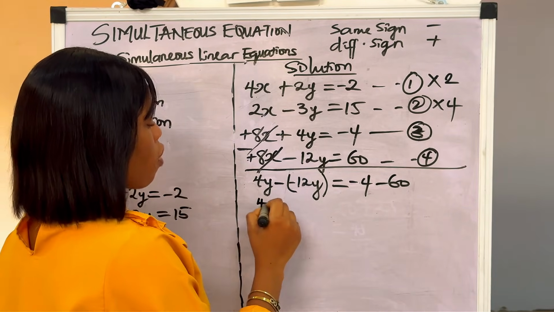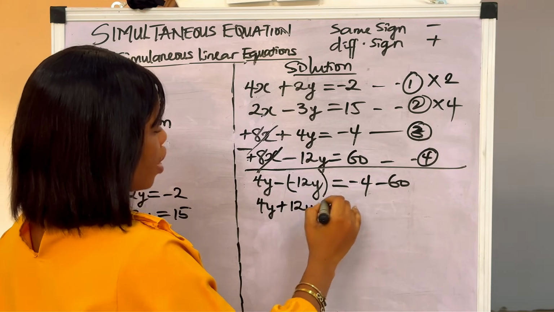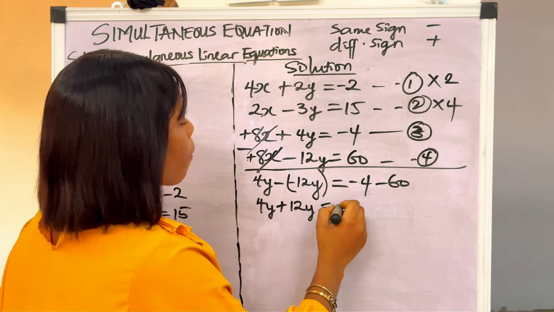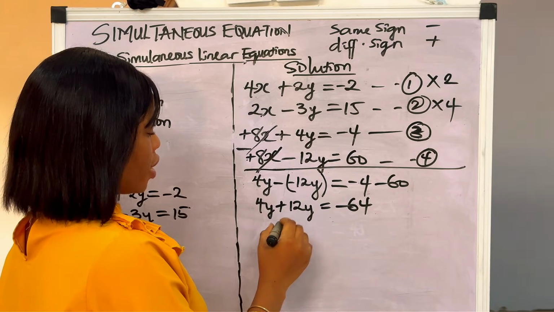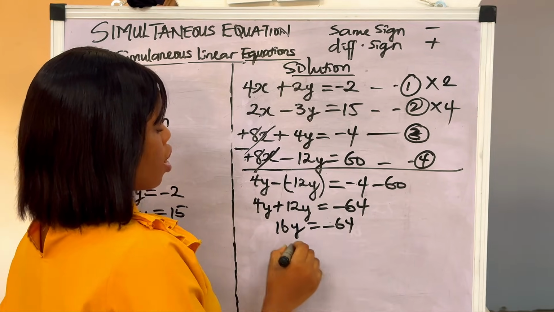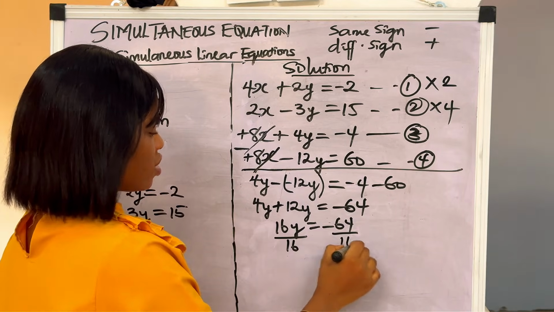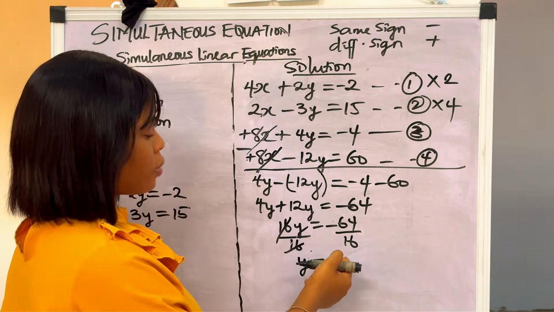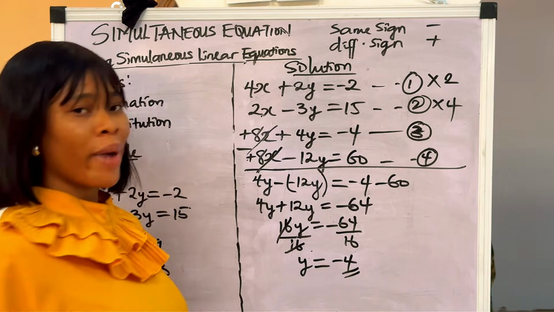And this will give us 4y, minus minus becomes plus 12y equals minus 4 minus 60 gives us minus 64. And then 4y plus 12y gives us 16y equals minus 64. So we divide both sides by the coefficient of y, that's 16. 16 cancels 16, y equals minus 64 divided by 16. We have minus 4. So y is minus 4.